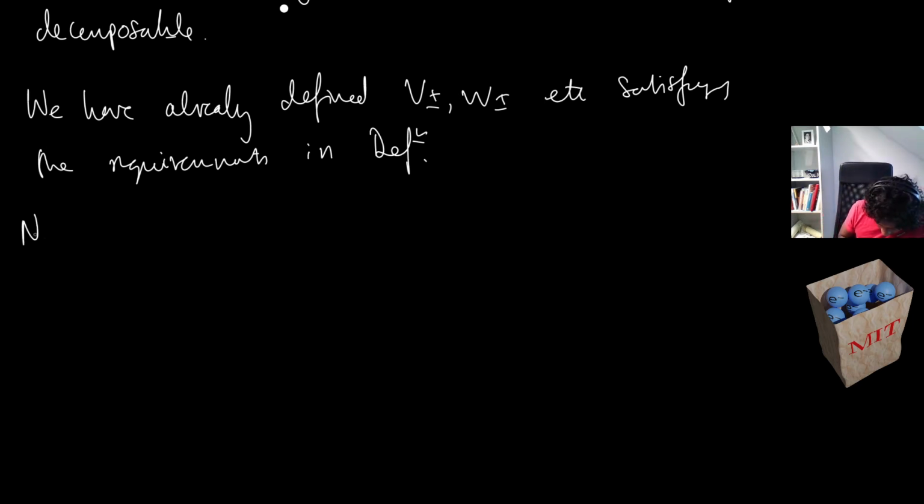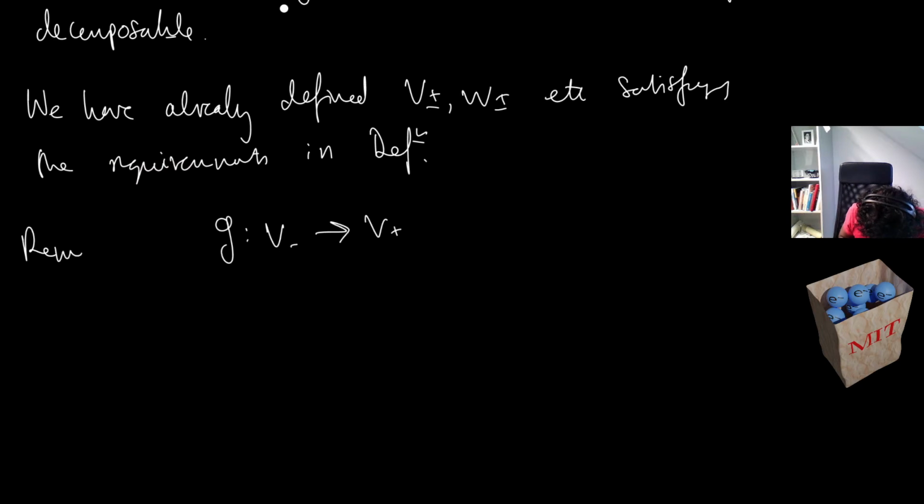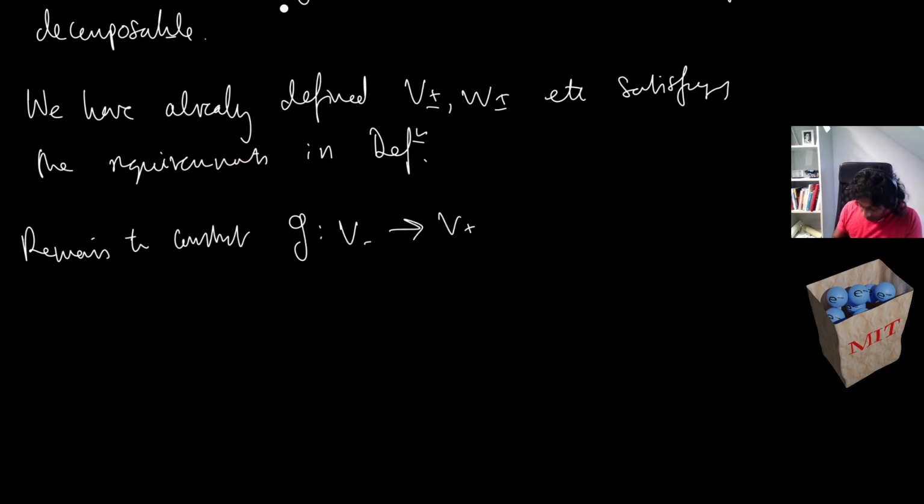So what do we need? Today we need a map G from V minus to V plus. So this is what we're going to construct, right? It remains to construct G such that it restricts to a bounded projector at the H half level, with the same requirements for G star if we restrict.